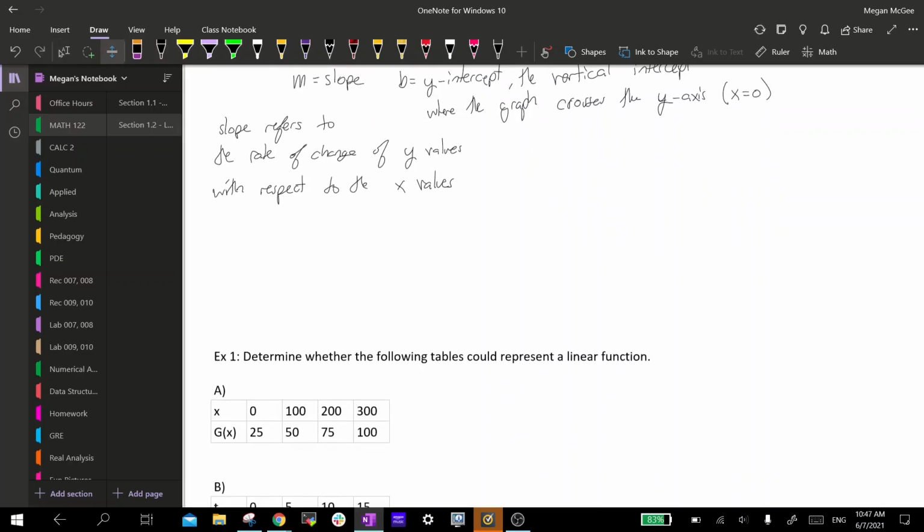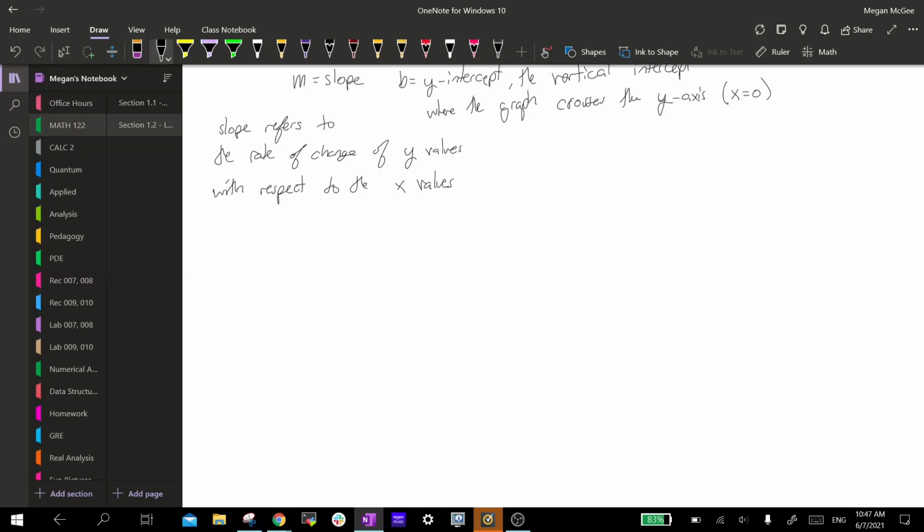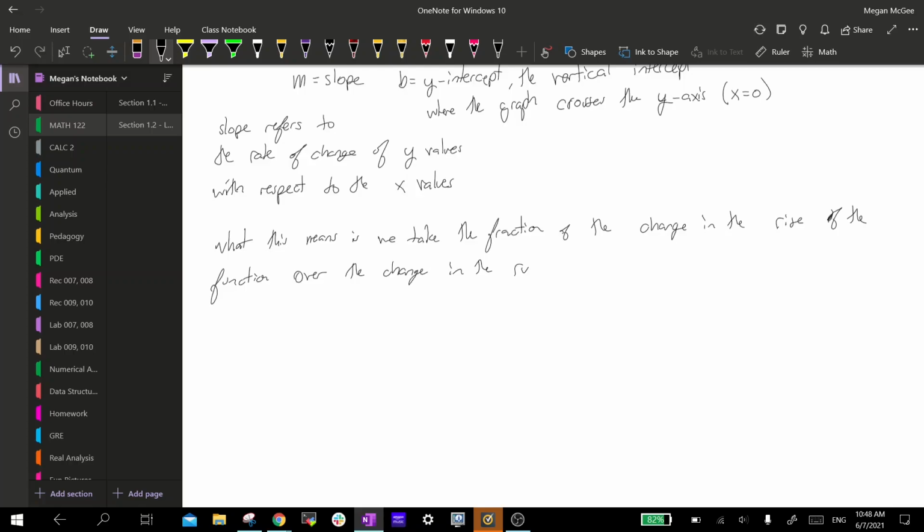Okay, so what I mean by this, what this means is we take the fraction of the change in the rise of the function over the change in the run.